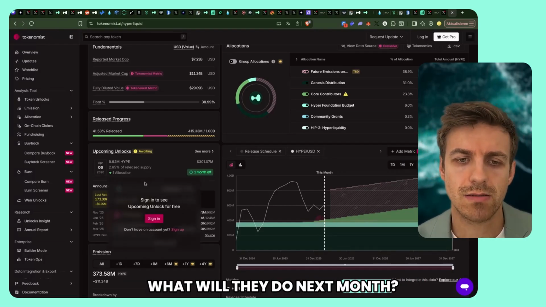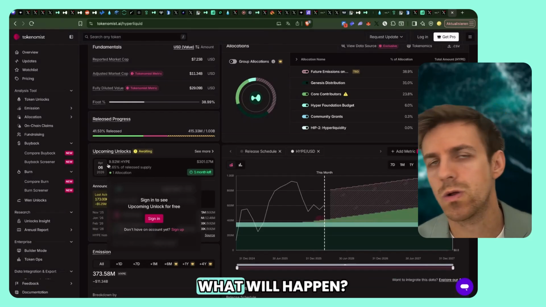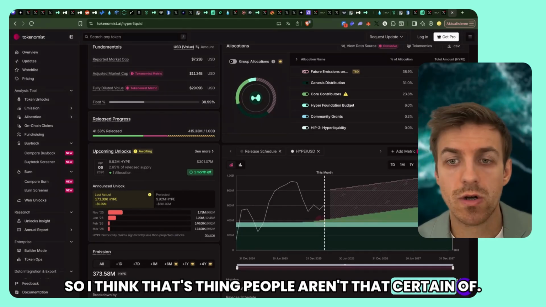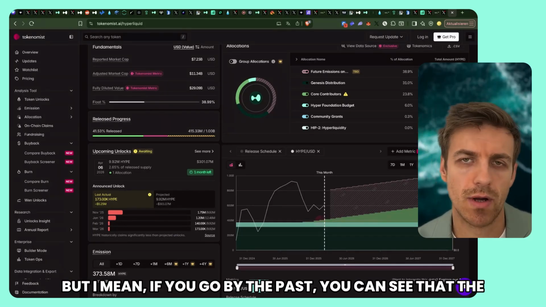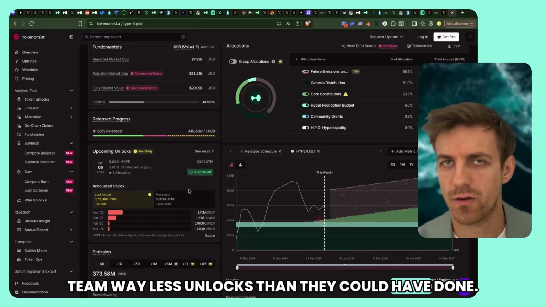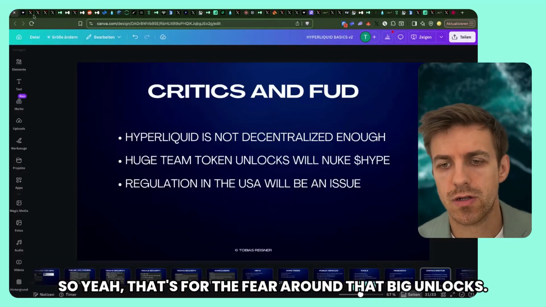What will they do next month? Like on 6th of April, will they unlock more? What will happen? I think that's the thing people aren't that certain of. But if you go by the past, you can see that the team unlocks way less than they could have done. So yeah, that's for the fear around the big unlocks.